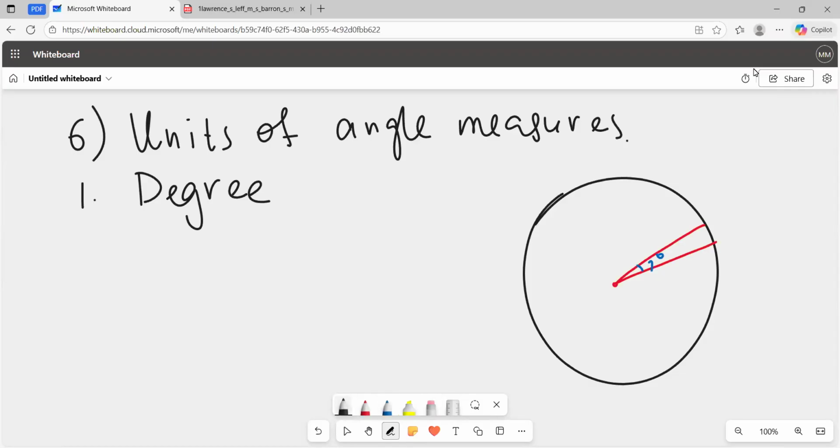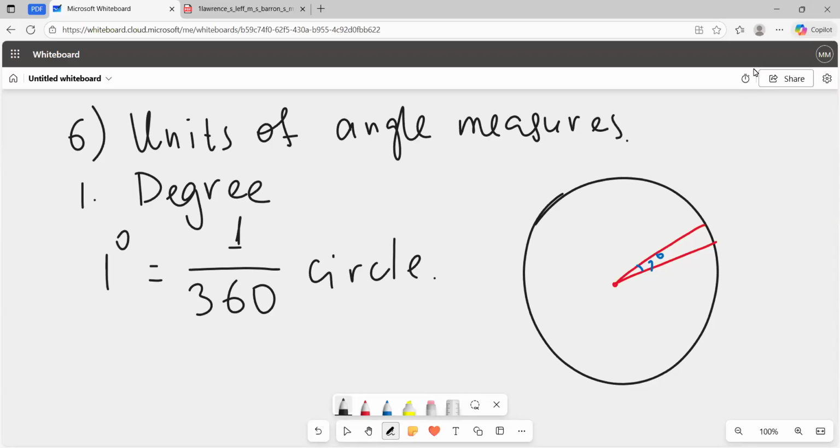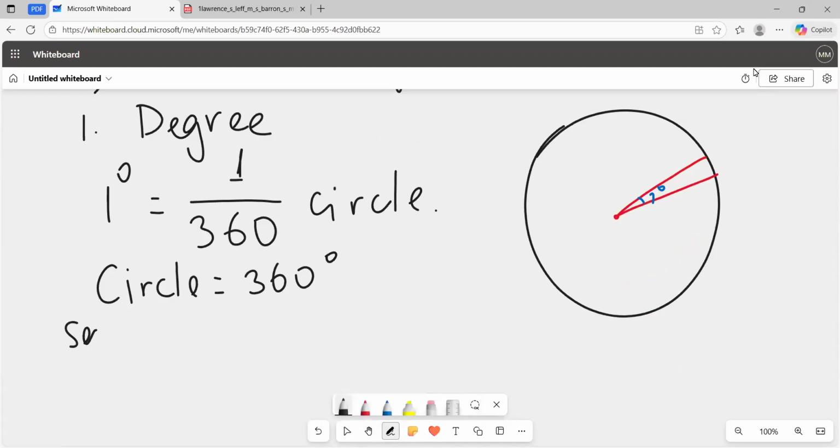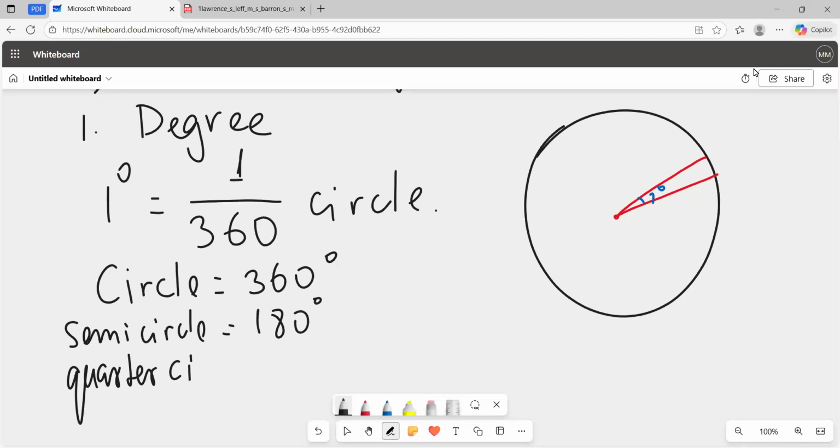One degree is considered as 1 divided by 360 part of a circle. It means that a circle is equal to 360 degrees. Then a semicircle is 180 degrees. A quarter circle is 90 degrees.